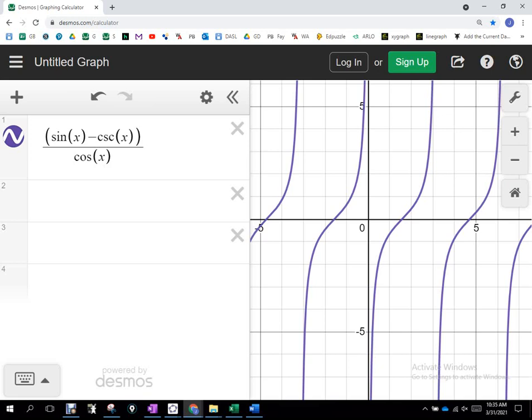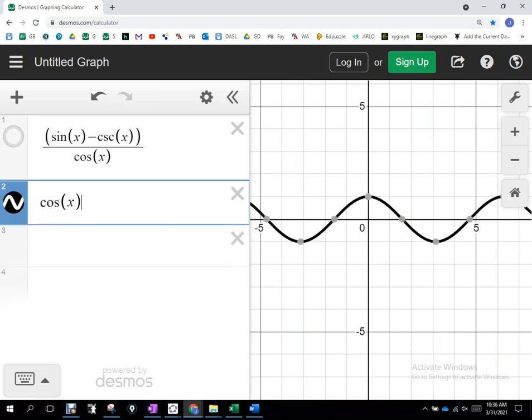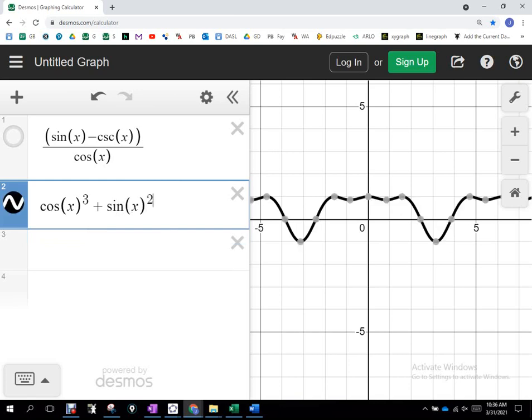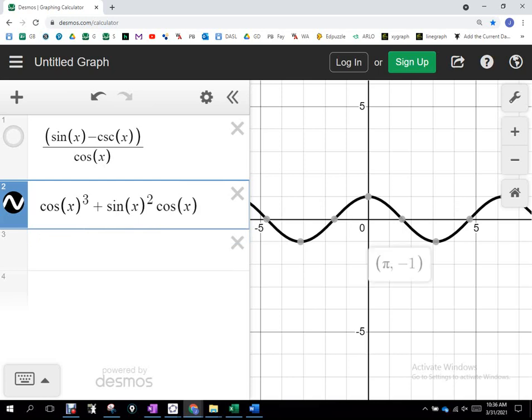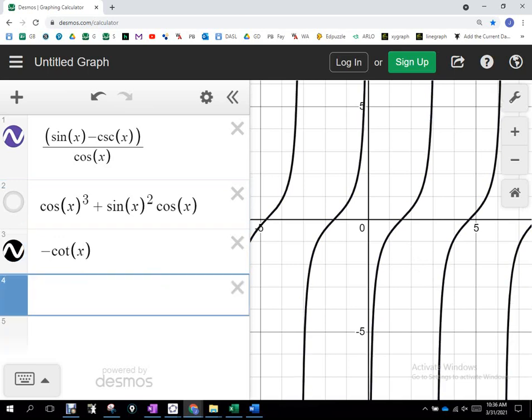Okay, but it's not as informative looking at the graph here as when we did cosine of x cubed plus sine of x squared times cosine of x. That's so much easier to see. Well, that's probably the cosine that's generated there. Okay, but looking at that one and then typing in my answer, negative cotangent of x, you can see that they are the same function.